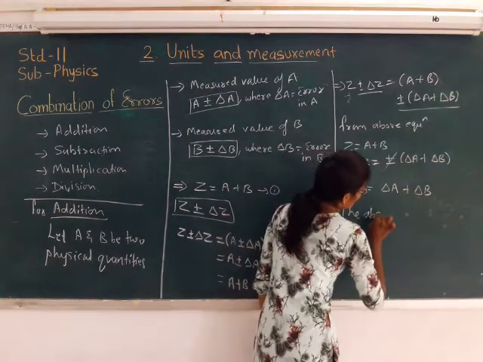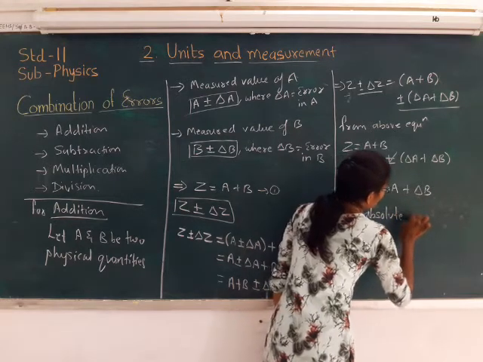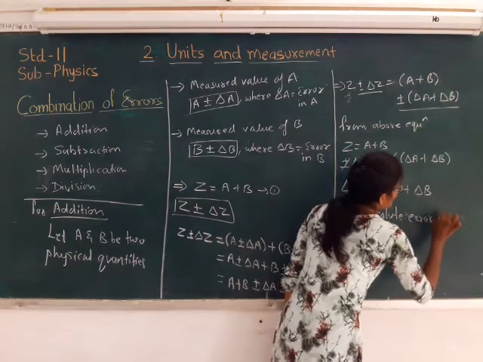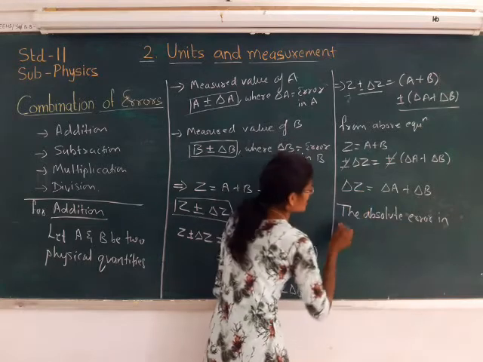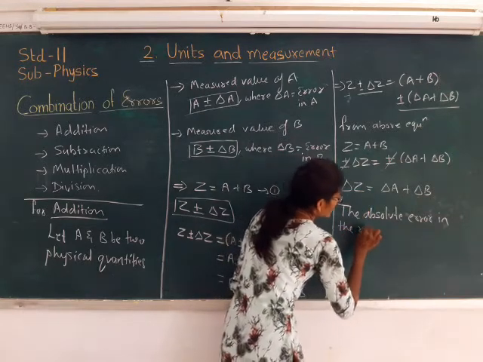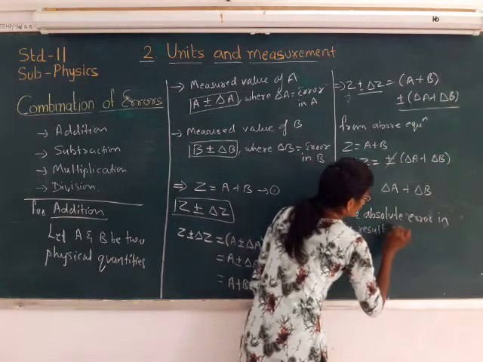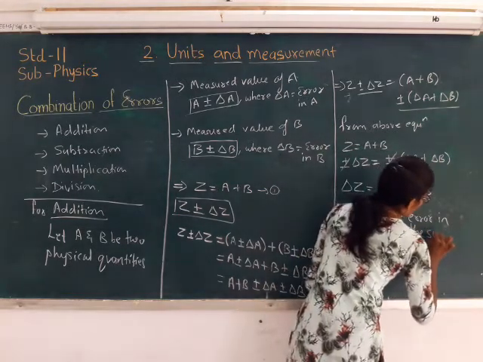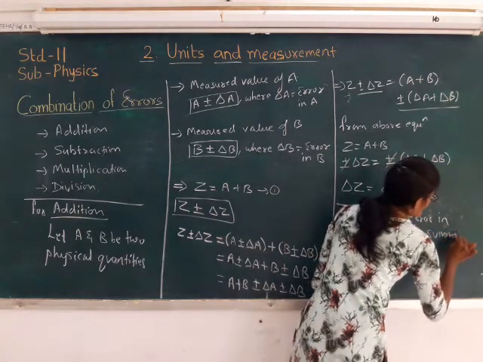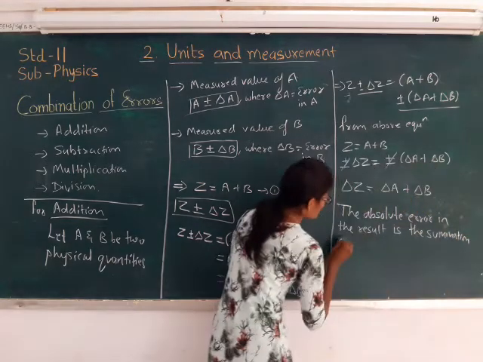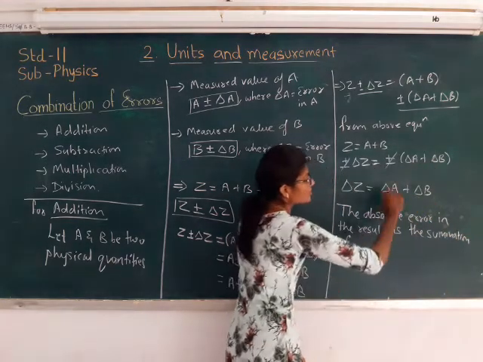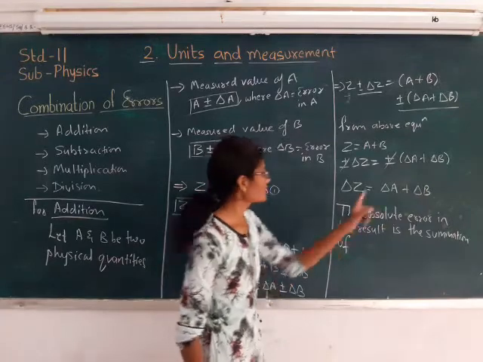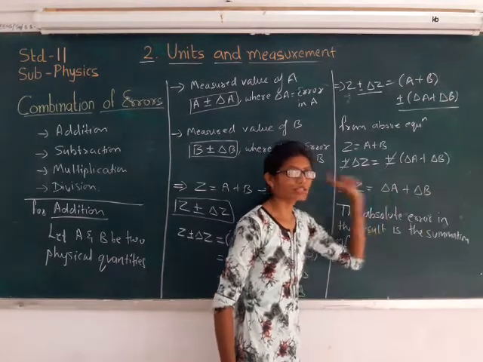The absolute error, that is delta Z, the absolute error in the result is equal to the summation of absolute errors of physical quantity A and physical quantity B.